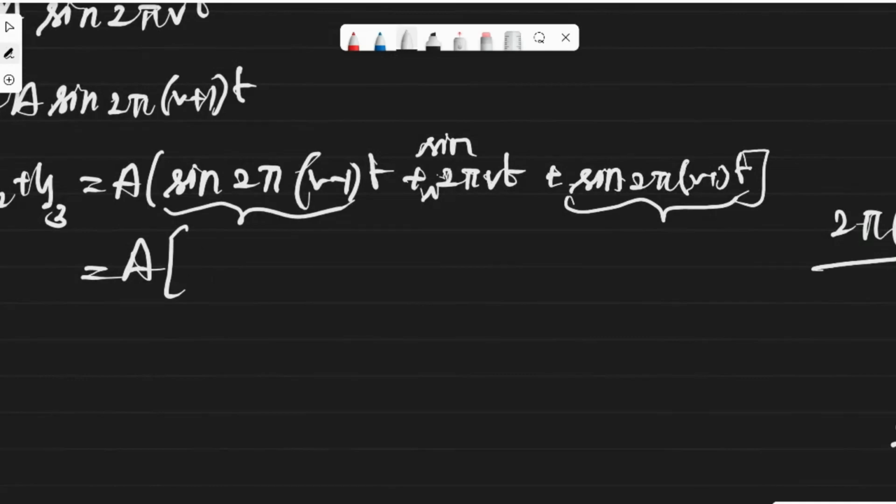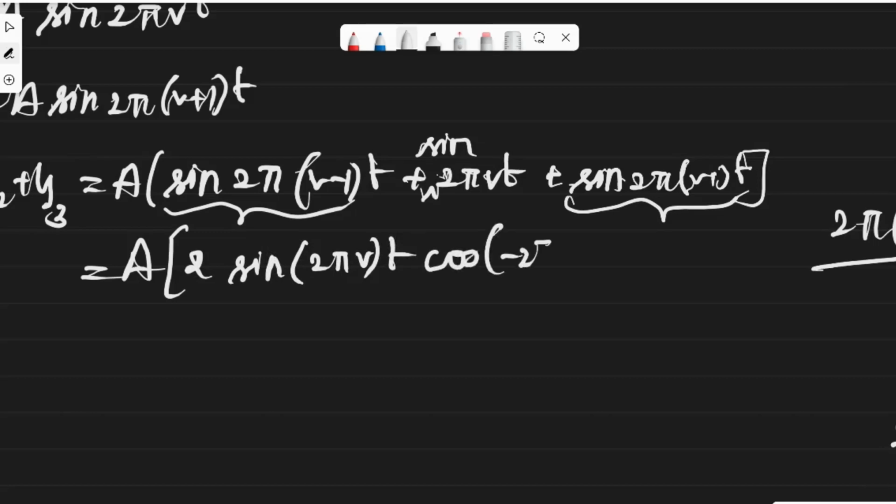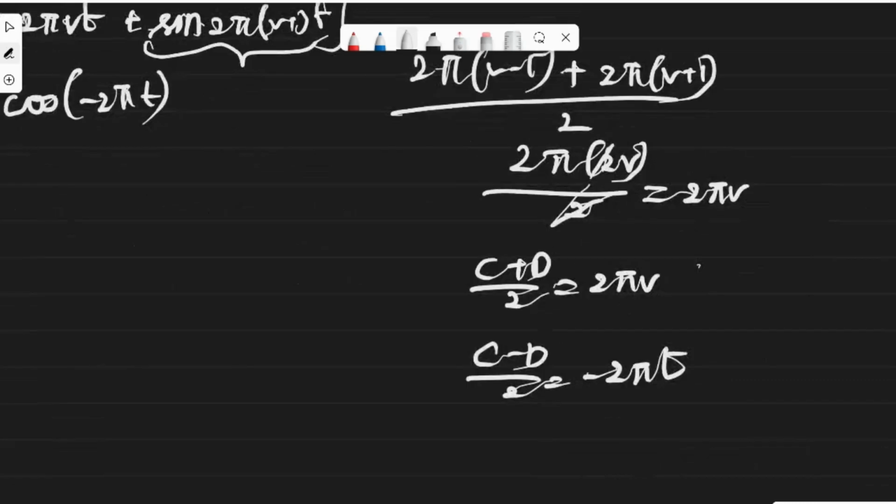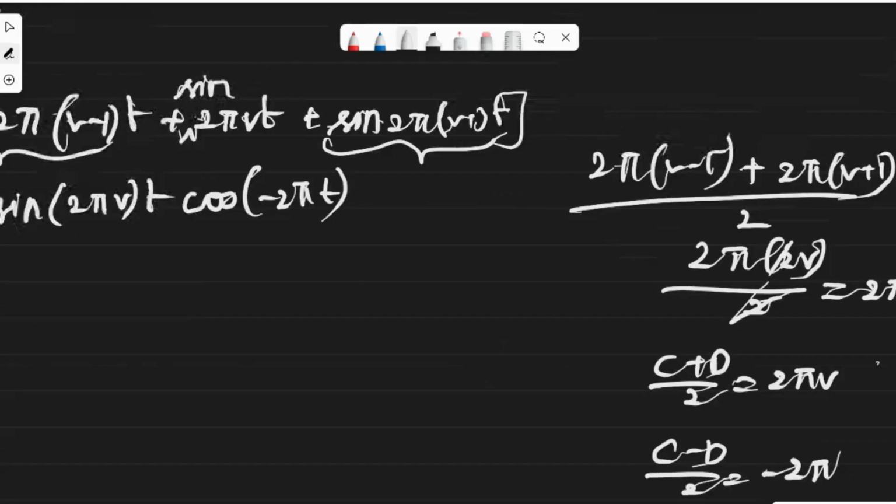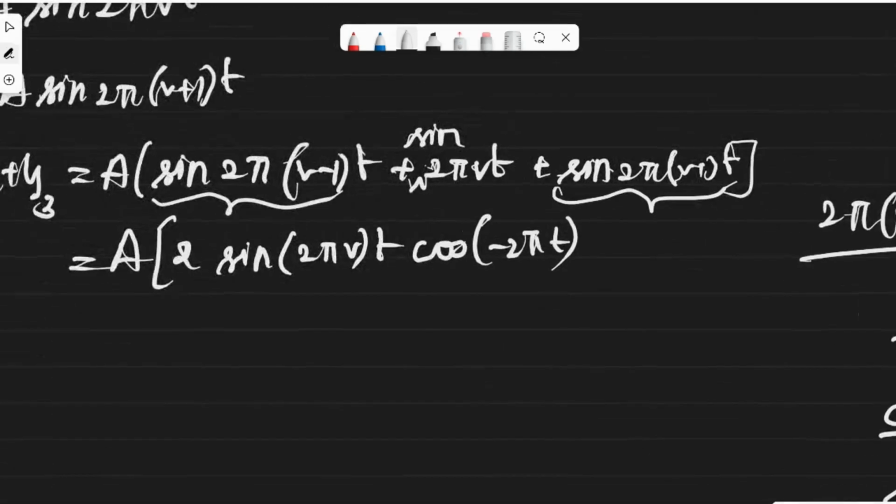This will be 2 into sine 2 pi v t into cos of minus 2 pi t, next plus a sine 2 pi vt.